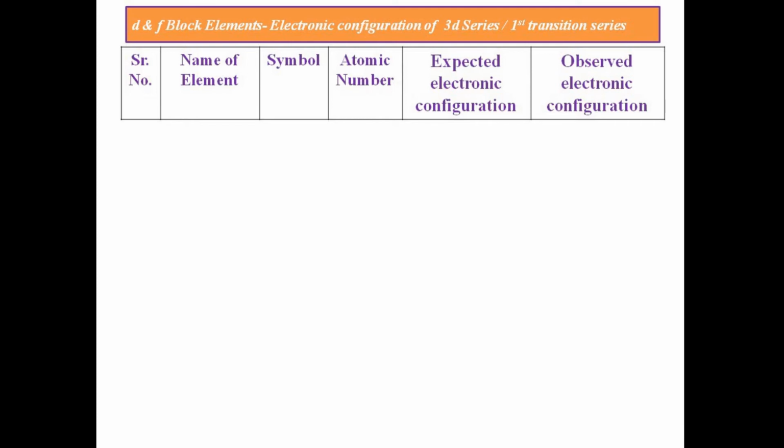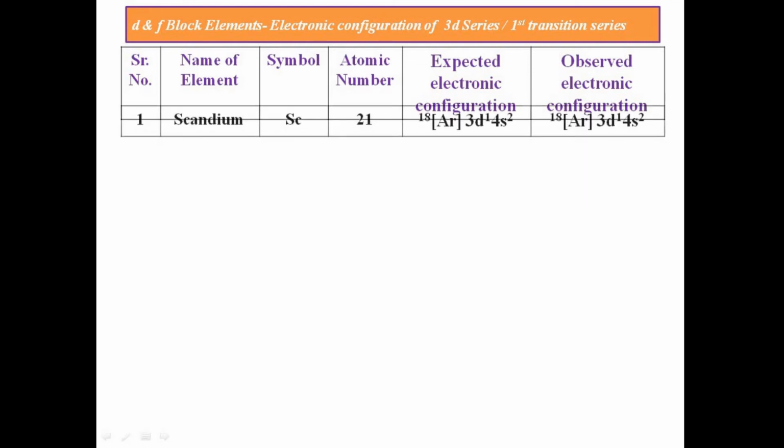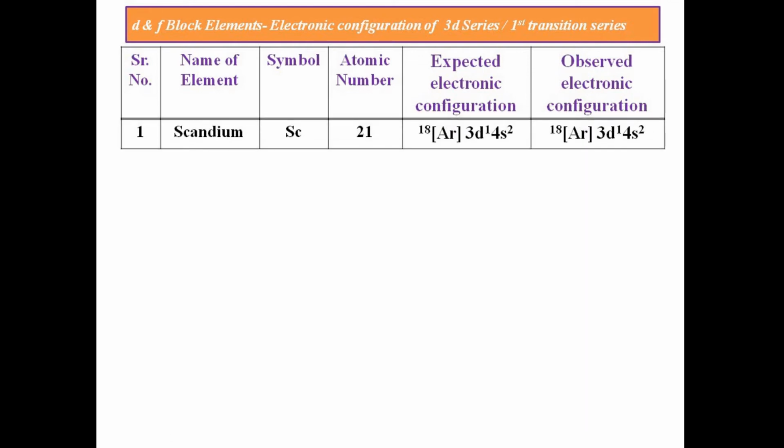For that, we are going to make a table: serial number, name of element, symbol, atomic number, expected electronic configuration, observed electronic configuration. Then one by one, we take elements from the 3d series, starting from the first one, scandium, symbol Sc, atomic number 21, expected electronic configuration [Ar] 3d1 4s2.